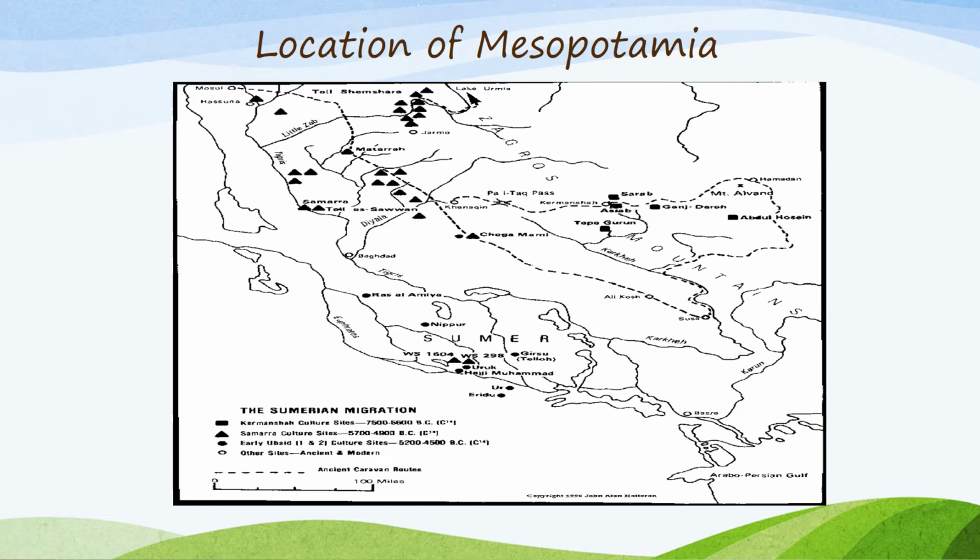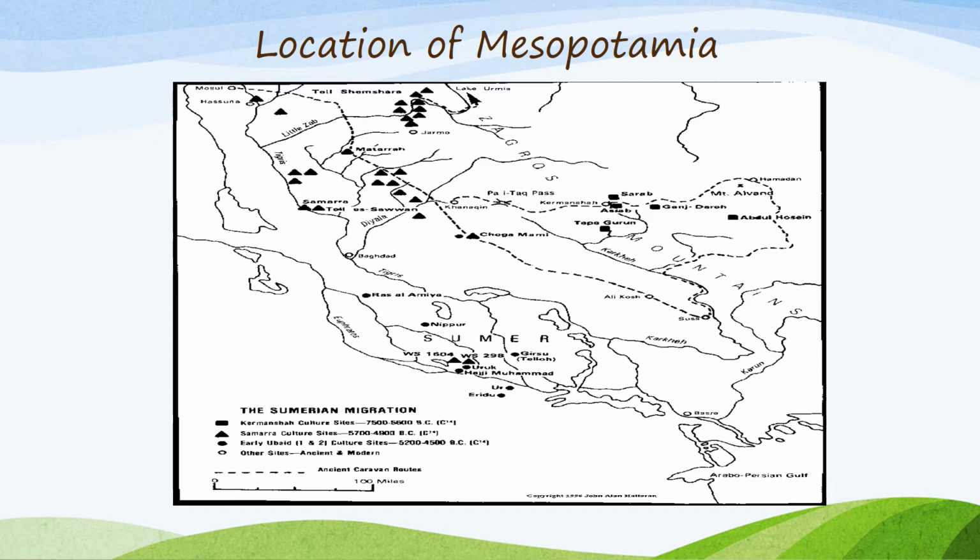The flooding of the plains led to the building of artificial irrigation systems, and these irrigation systems led to social stratification, meaning that the society was divided into social classes and the formation of different communities.